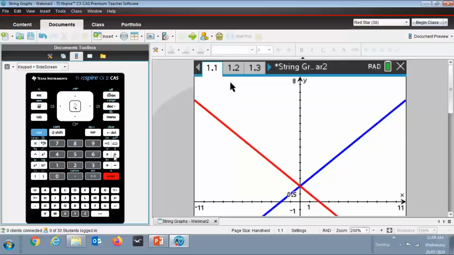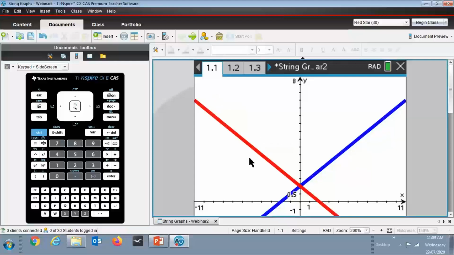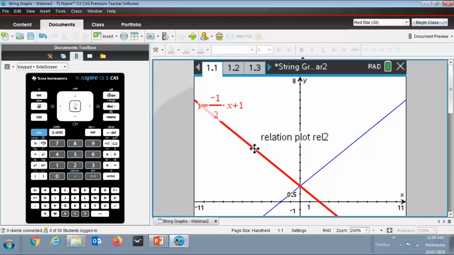Now, for those two graphs, we're going to want to de-emphasize them a little bit, so we're going to change their attributes. You might remember from last week how we do that. If you don't, take your cursor over to the first graph here, say the -1/2 X, put the cursor there, and then press Control Menu once again.